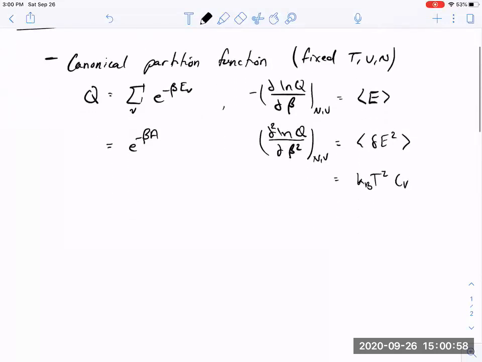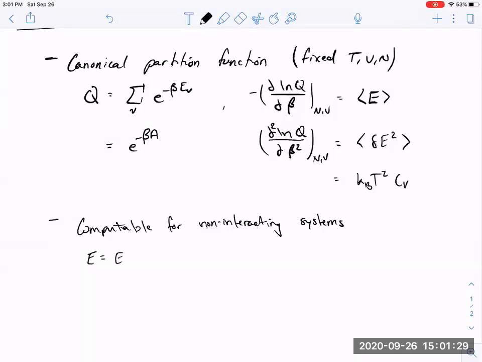And one of the strategies we introduced last time was how to consider systems which were non-interacting. So a non-interacting system is one in which the energy can be written out as a sum of the energy of particle 1 plus that of particle 2, particle 3, all the way up to particle n.